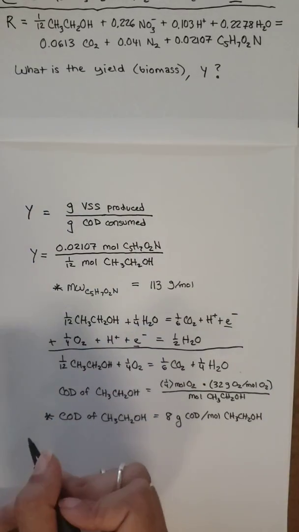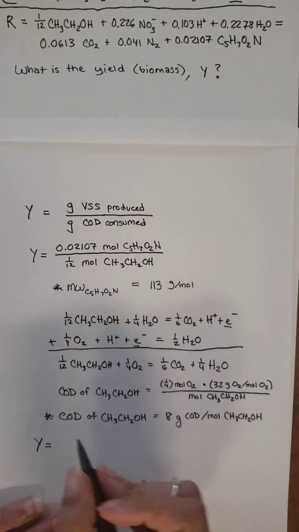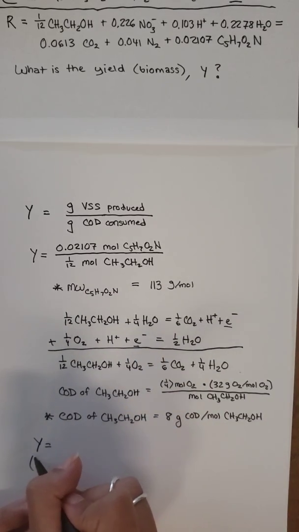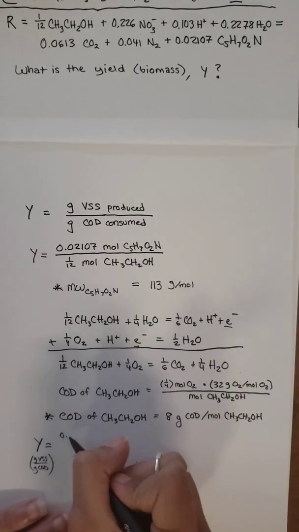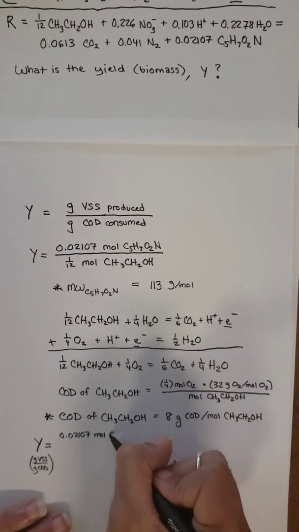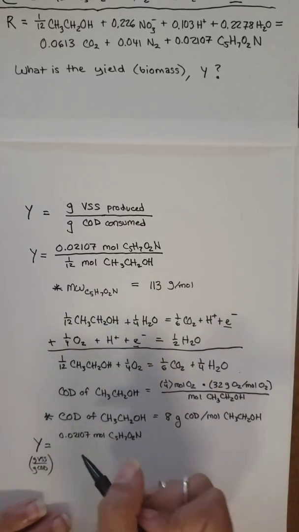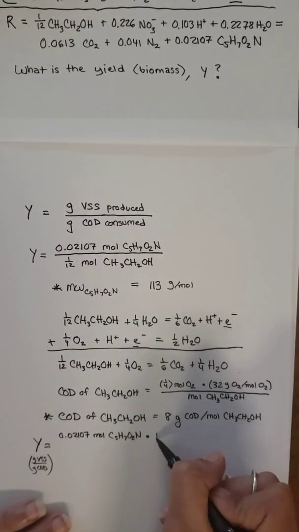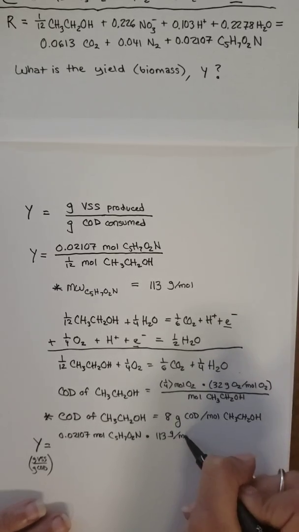So now we have this relationship right here that we can use along with this relationship up here to calculate what our Y is in the correct units. So our Y in terms of grams VSS per gram COD is going to be 0.02107 moles of our biomass, C5H7O2N, times our 113 grams per mole of that.